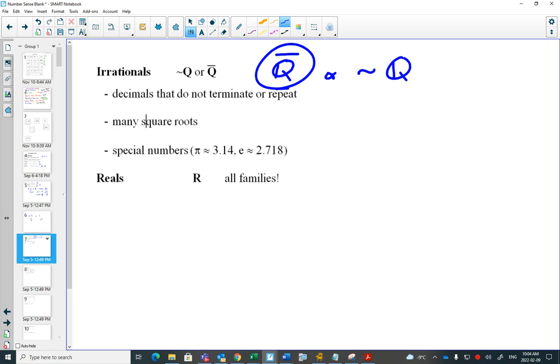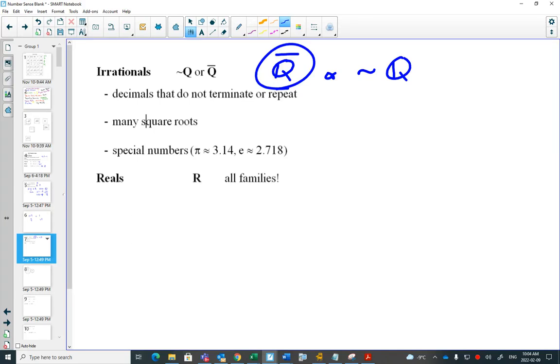And when we put a bar over something, sometimes in mathematics that means not. So anything that's not a fraction is an irrational number. Well, if it's not a fraction, that means it has to be a decimal that goes on forever, but it also can't repeat. So it has to go on forever without a pattern.